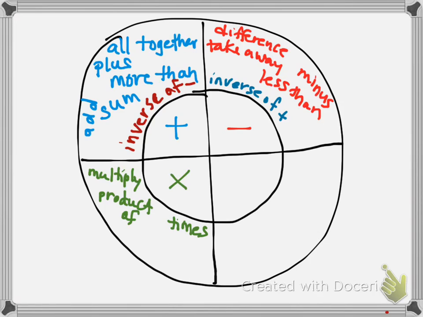So of is a multiplication word. And then we have a couple of special multiplication words. We've got twice, and that tells us to multiply by 2. Okay, that's very common. And we can write that it's the inverse of division.